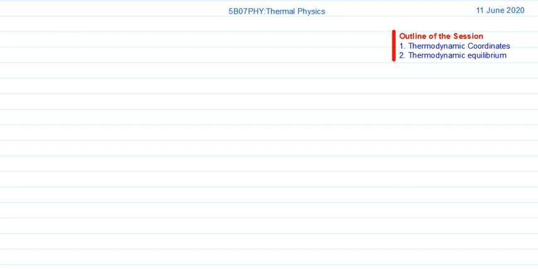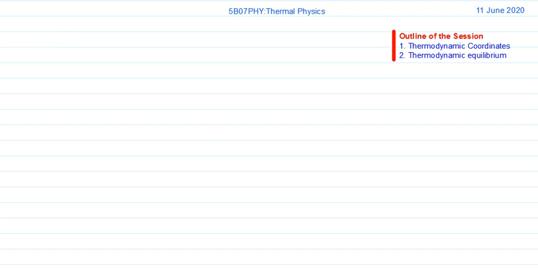By macroscopic state, we mean the state of a system as a whole, or those properties which are regarded as the average property of the system.